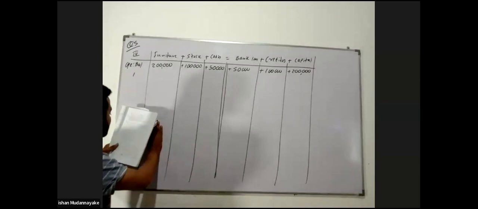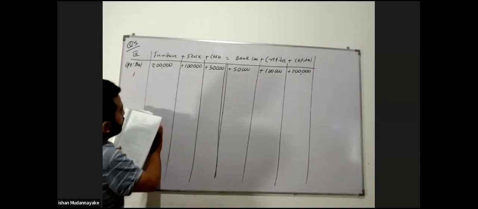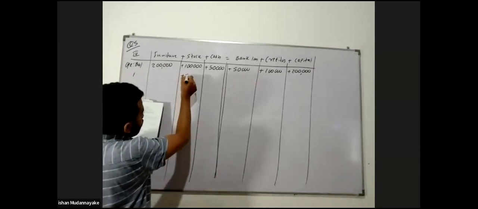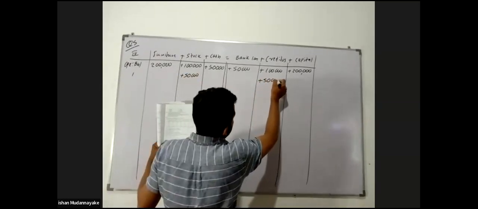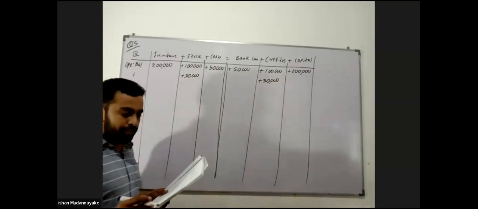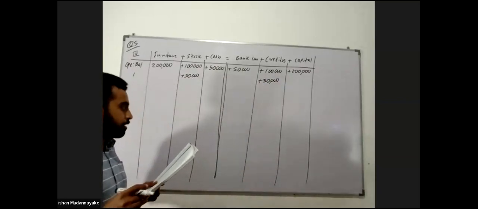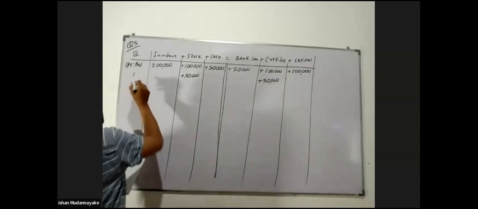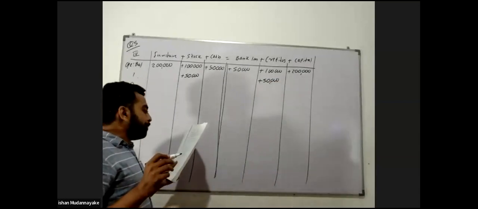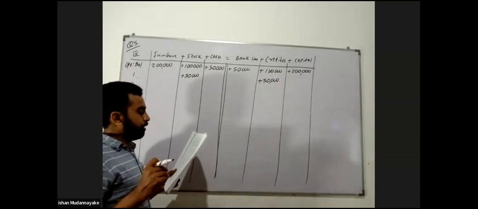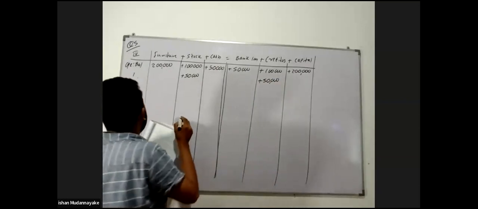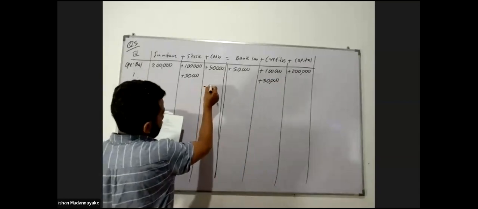And then transaction number 1, purchase trade stocks on credit 50,000. Stock increased by 50,000. Creditors increased by 50,000. Second one, paid bank loan installment 5,000 including loan interest 1,000. Cash minus 5,000.